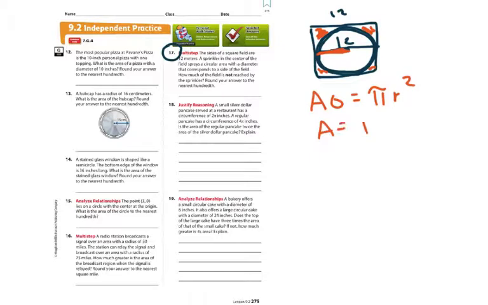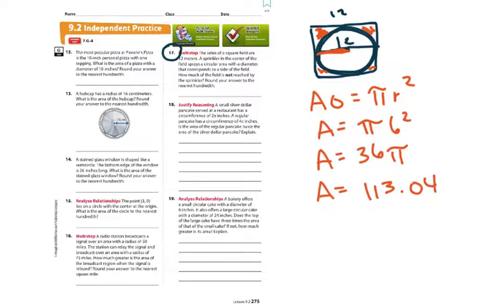So area equals pi times 6 squared. And so area equals 36 pi. I like to change it that way. And that means since pi is 3.14, then area equals 113.04.